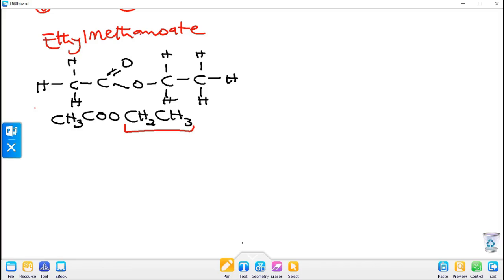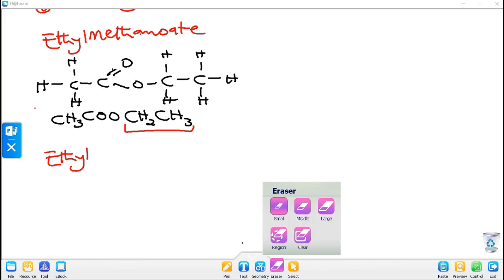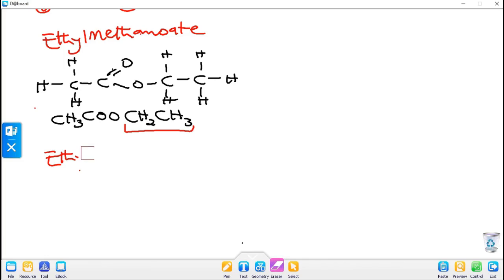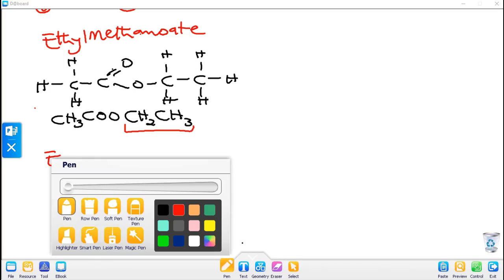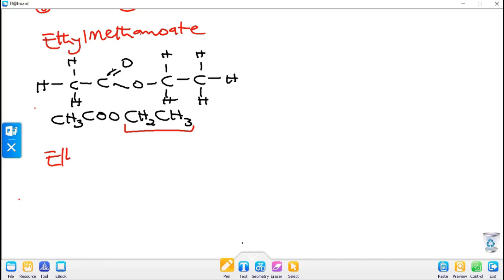So automatically that is ethyl. That is ethyl because it has lost one hydrogen. In forming an ester, one hydrogen must be lost from the alkyl part. So this is ethyl, not ethane, which is what two carbon atoms would be if we are talking about the alkane family.